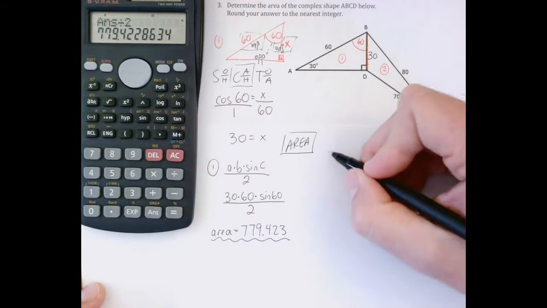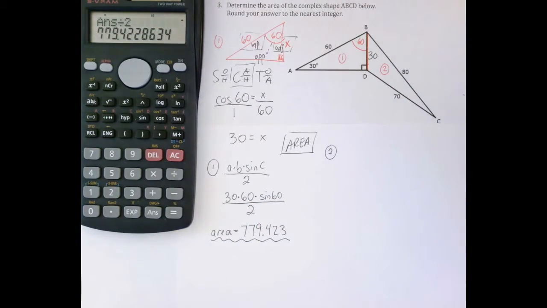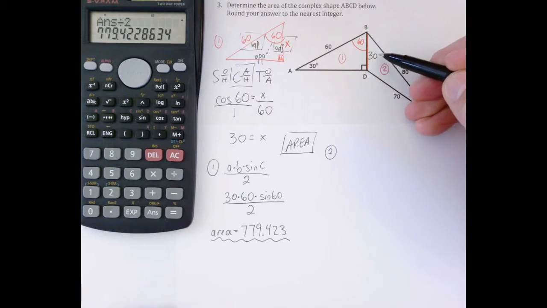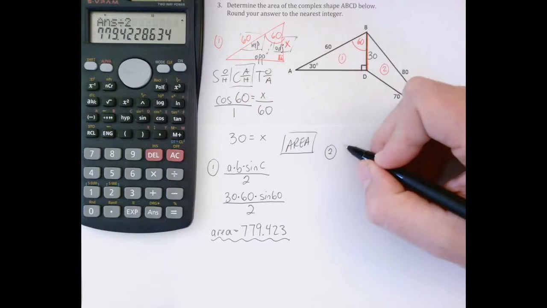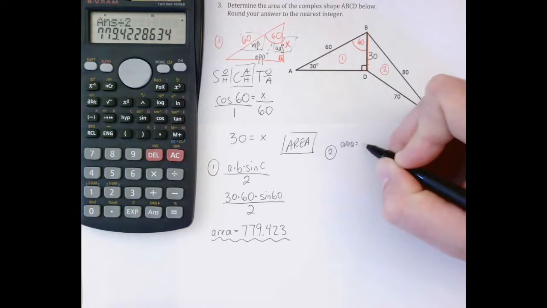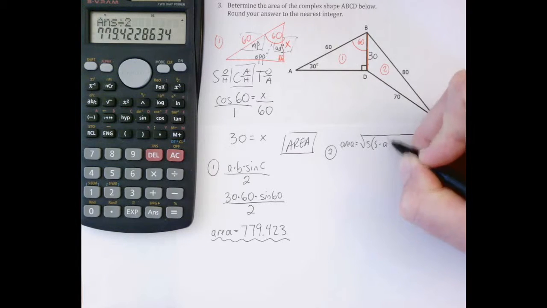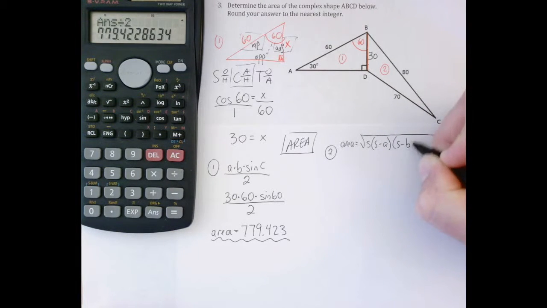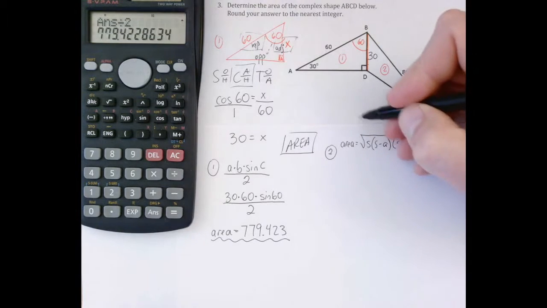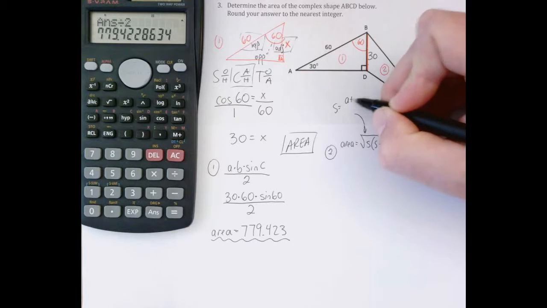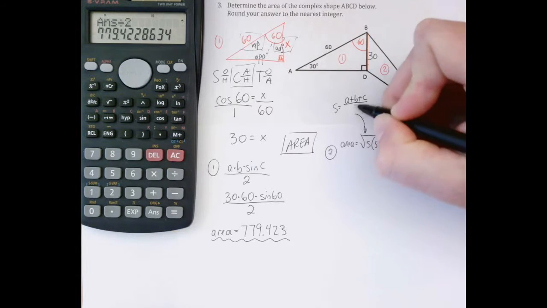Now remember, I still need the area for triangle 2. For triangle 2, knowing the 3 side lengths and no angles, I'm going to use Heron's formula. Heron's formula says that the area is equal to the square root of s times s minus a times s minus b times s minus c, where s is a plus b plus c for perimeter divided by 2.